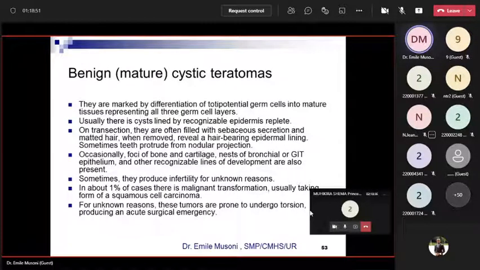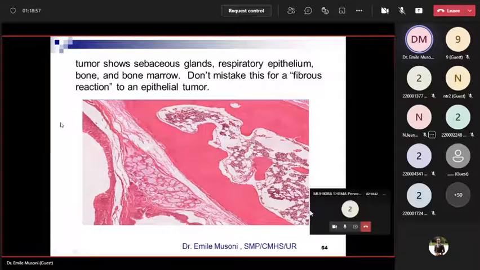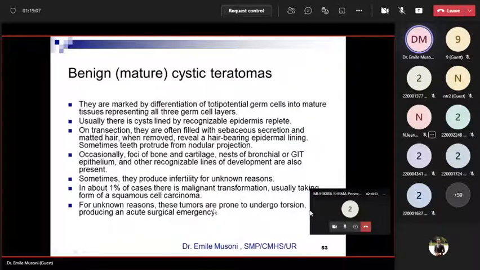Benign mature cystic teratoma. We can have some images here. It is where you find sebaceous glands, bone, fibrous tissue, stratified squamous epithelium, and others. Some hair follicles, teeth, and others.